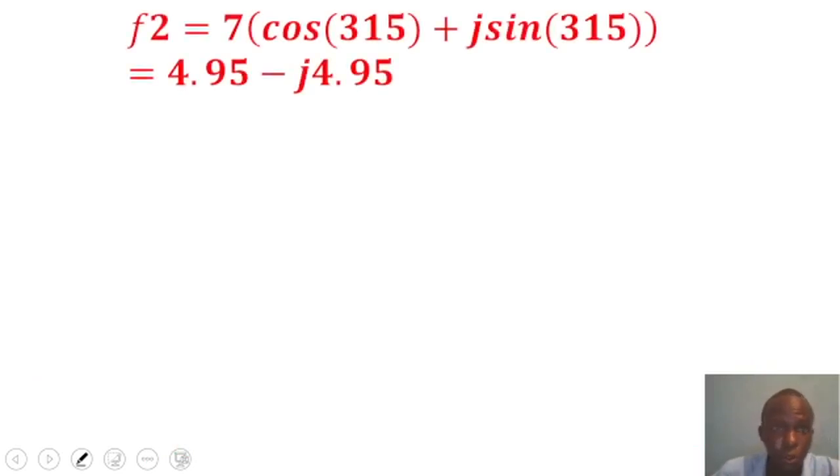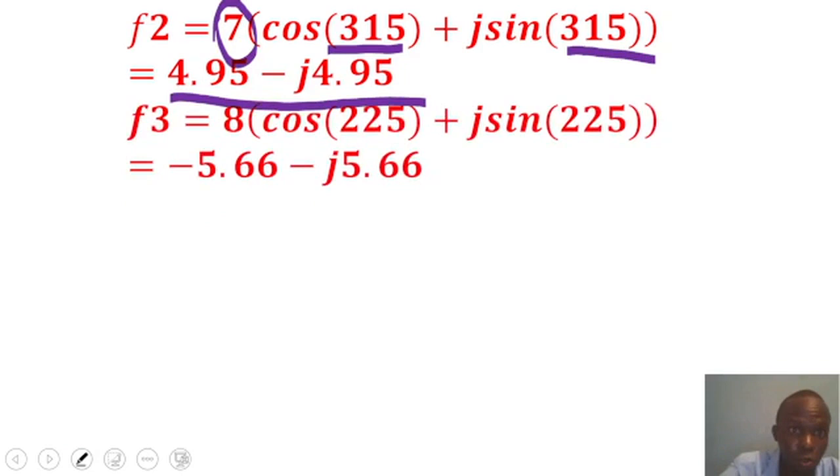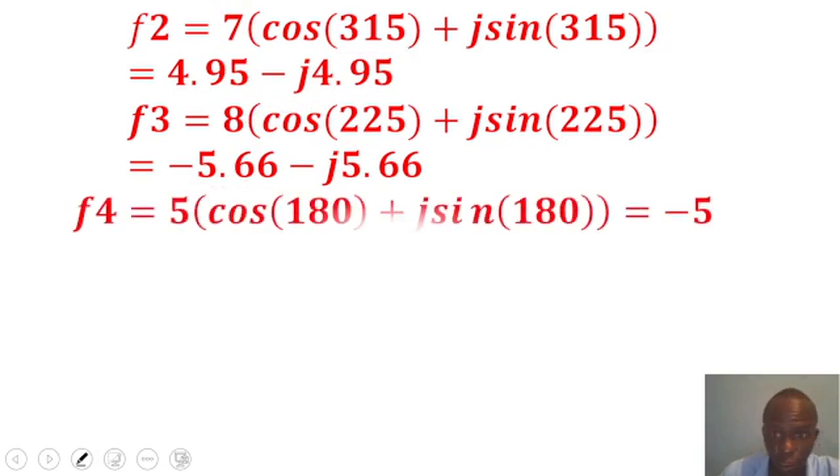In F2, we substitute 7 as the modulus and 315 as the argument, and we arrive at that. What about F3? You do the substitution as seen earlier, and arrive at that. F4 the same way, and then you arrive at -5.